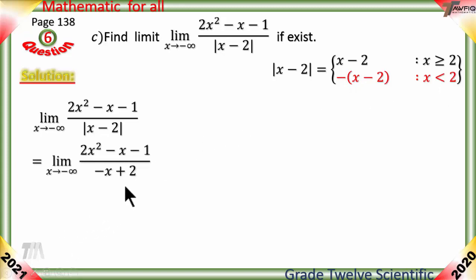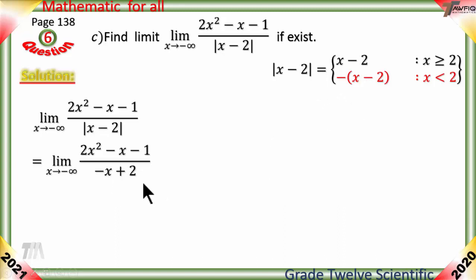So this limit changes to the limit as x approaches positive infinity. Rewrite the numerator as 2x squared minus x minus 1 and open this bracket. Minus times minus is positive, so it becomes minus x plus 2.